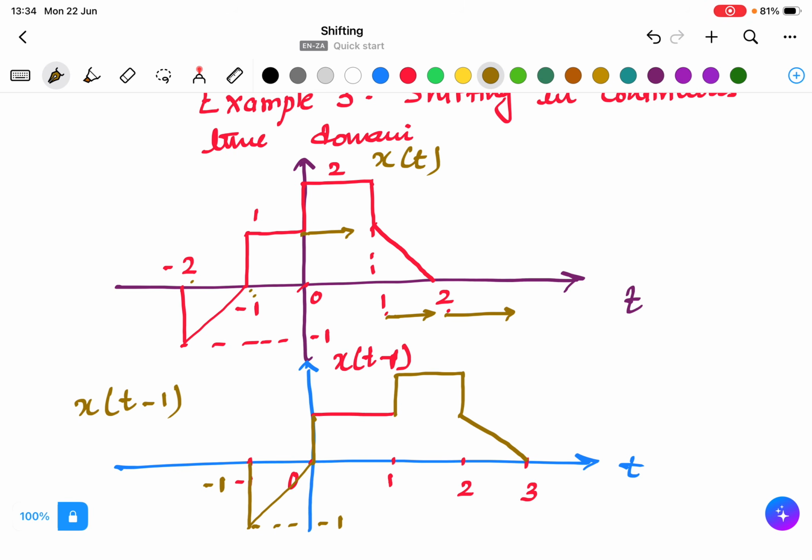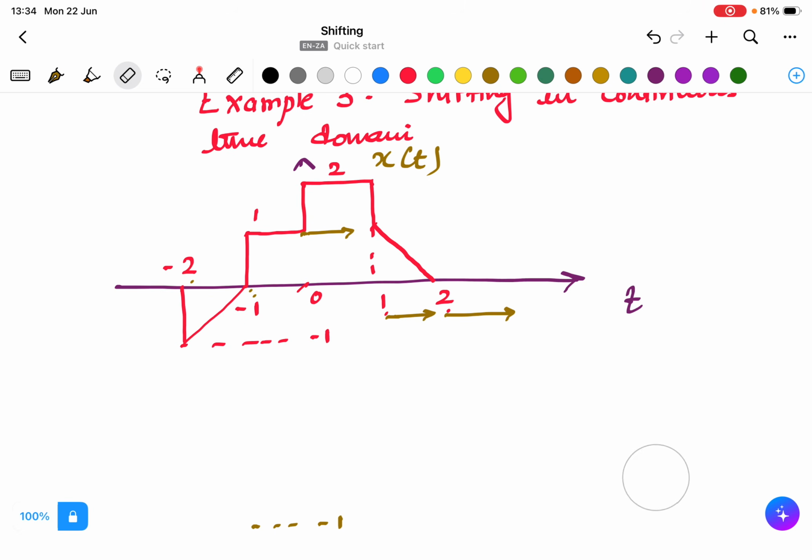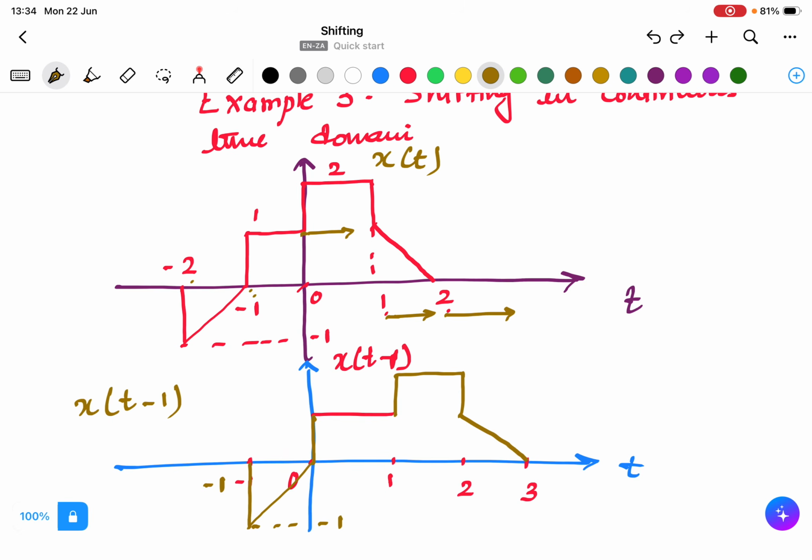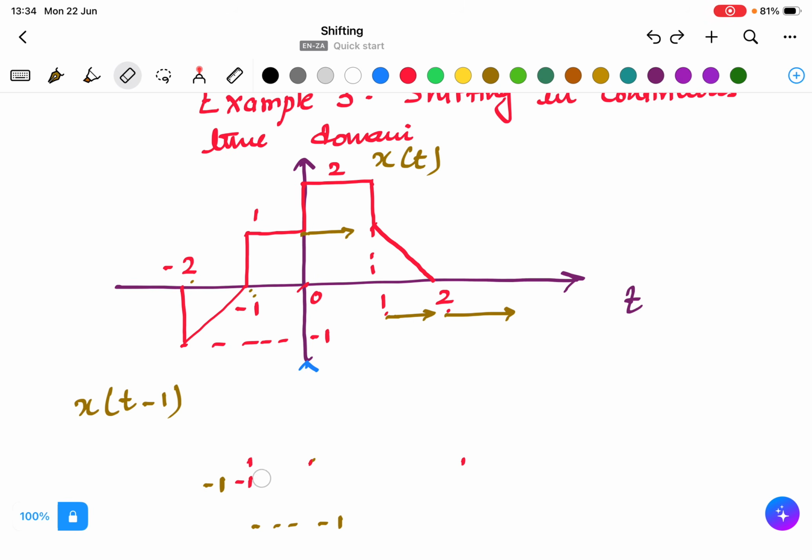Now moving on to the second example, which says that you have to now apply a shifting which is equivalent to x of 2 minus t.